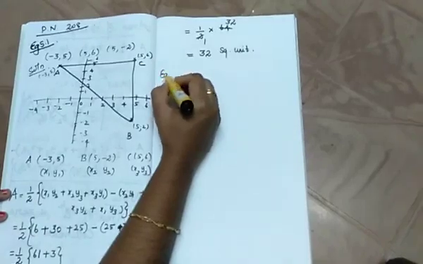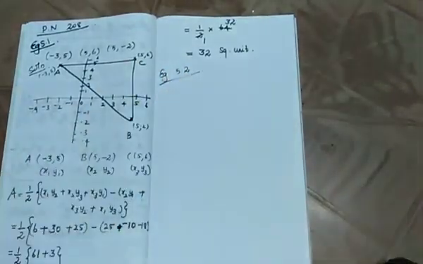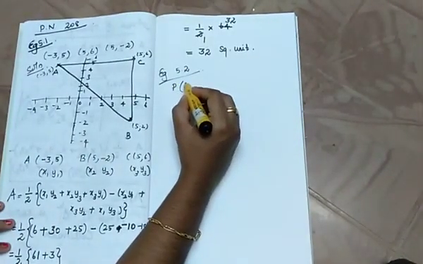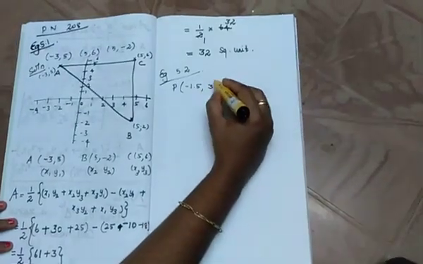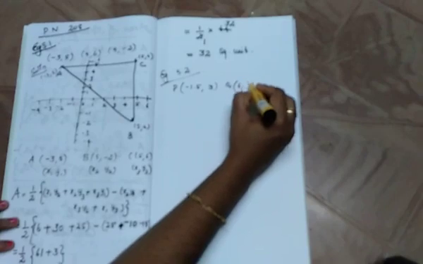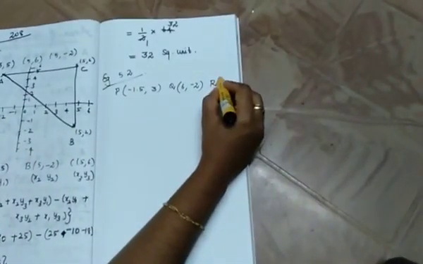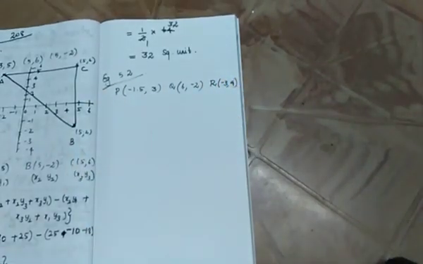Here is example 5.2. They ask to show that the points P of minus 1.5 comma 3, then Q of 6 comma minus 2 and R of minus 3 comma 4 are collinear.